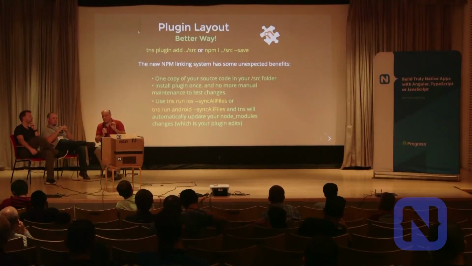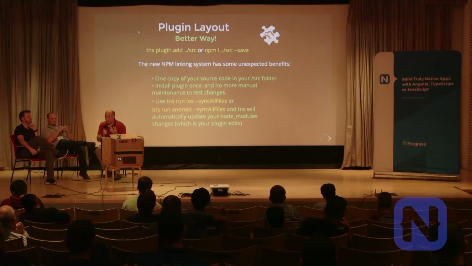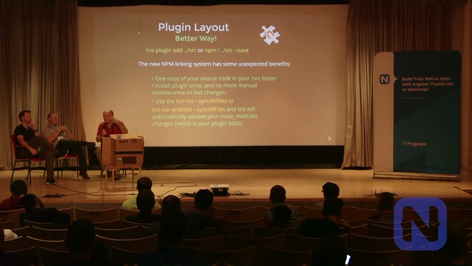So the NPM side effect that was bad for our old structure actually gives us a good side effect in the new one, because with the prior way that we were doing it, I always ran into problems where, which one of the copies was I working on last? You know, was I working on this one or was I working on this one? Oh, I need to just do a diff real quick. Okay, so this is the one. Now you can just leave it right there and you don't have to worry about it ever again.